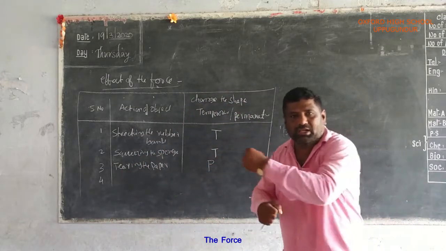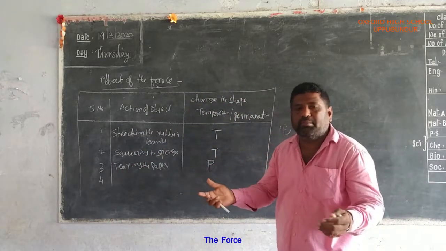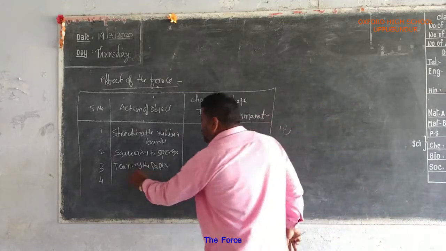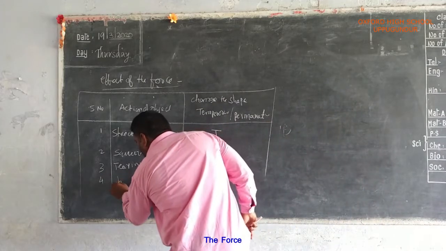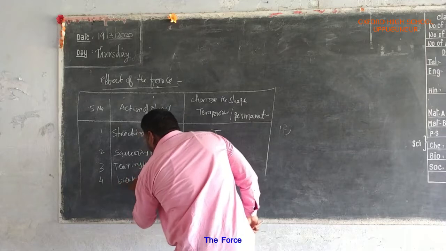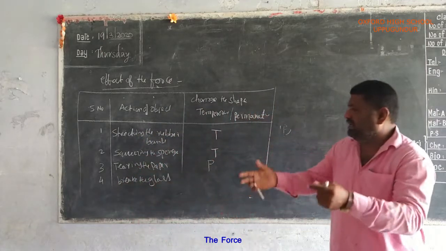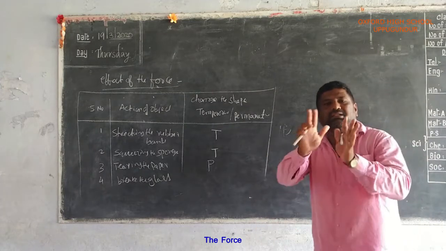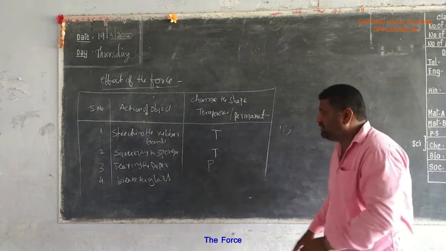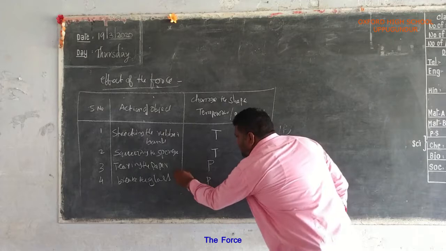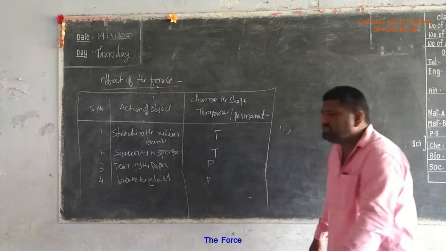When we hit a glass, it immediately breaks. When we apply force on the glass, its shape is changed. This change is permanent.